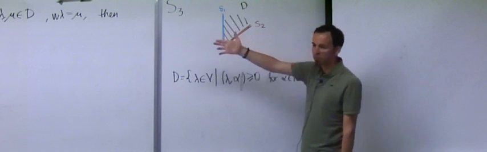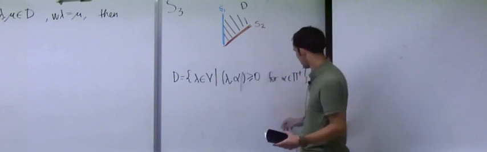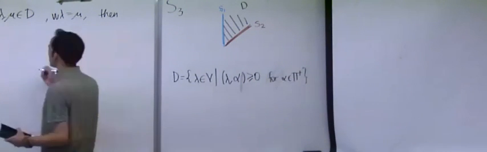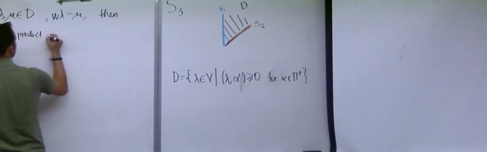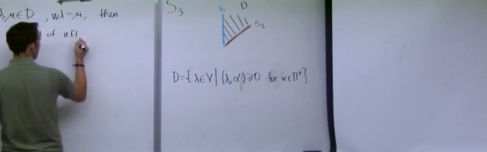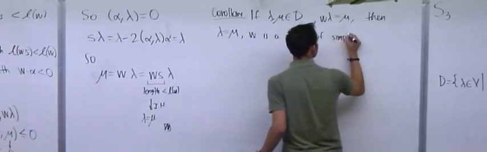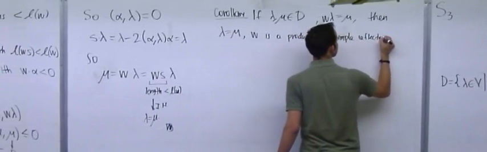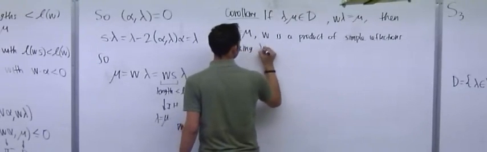And basically what I want to prove in general is that this is the only thing that can happen. That if some group element sends lambda to itself, then it's just a situation like this. More precisely, W is a product of reflections, of simple reflections that fix lambda. Okay.